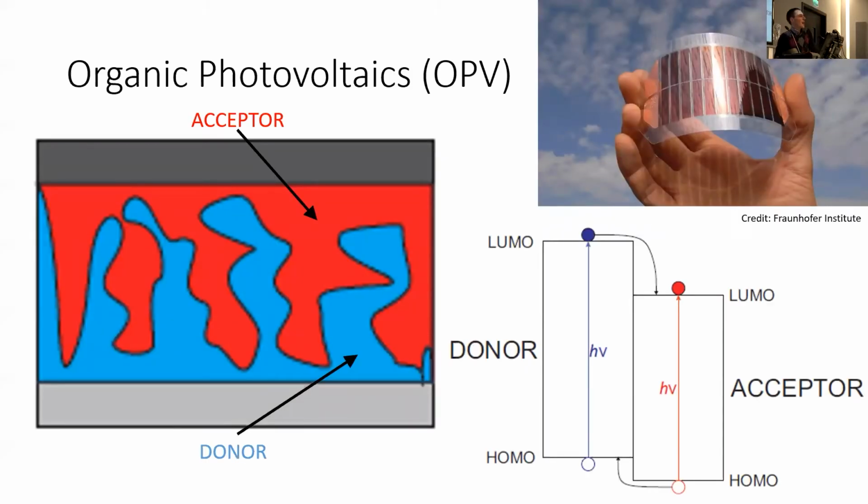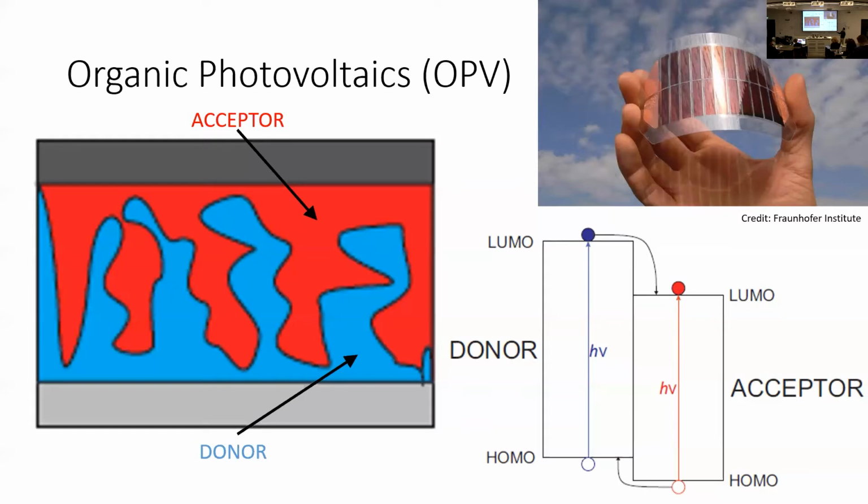So they are a key component in organic photovoltaics. We have an absorbing layer, which is formed of materials which are carbon-based rather than silicon or inorganic. And usually you need to have two materials, a donor material and an acceptor material.